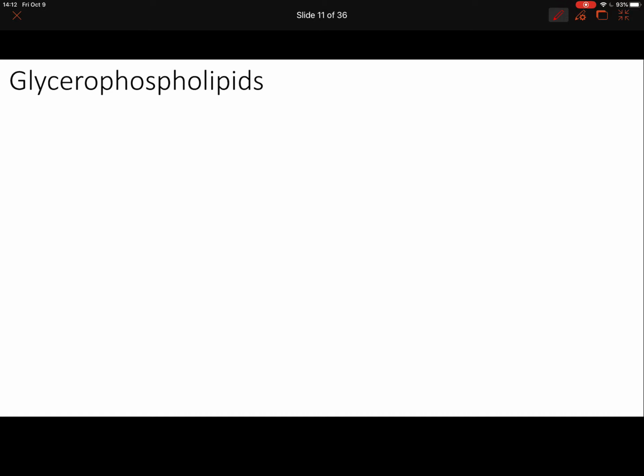But they're found almost exclusively in plant and animal membranes. Typically the membranes are 40 to 50% glycerophospholipids, and about 50 to 60% proteins within or making up those membranes.